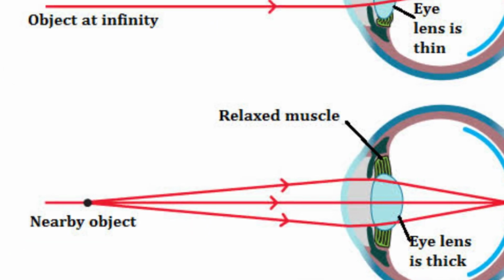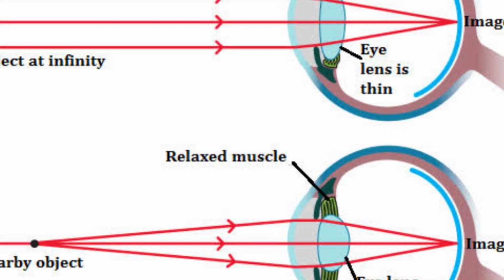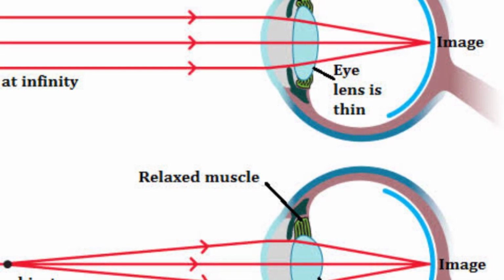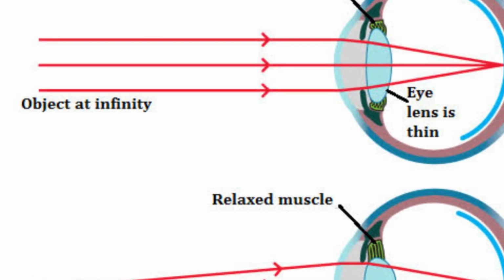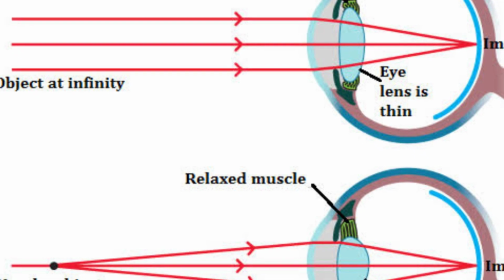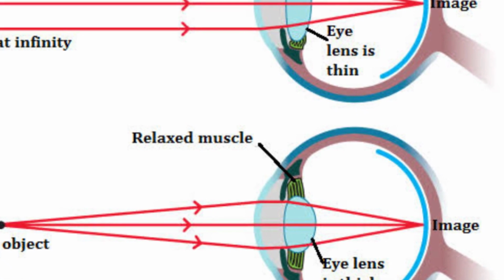And when the eye lens is thick, we observe nearby objects. Clear? It is a very important thing.